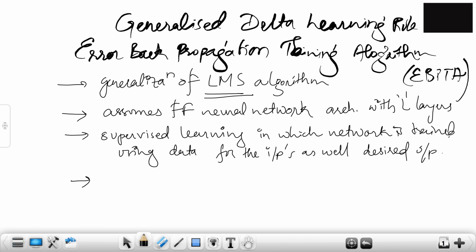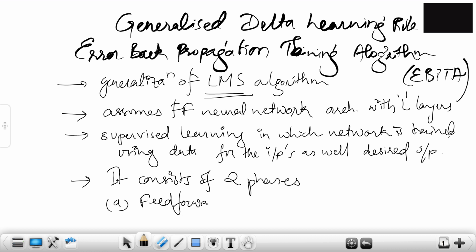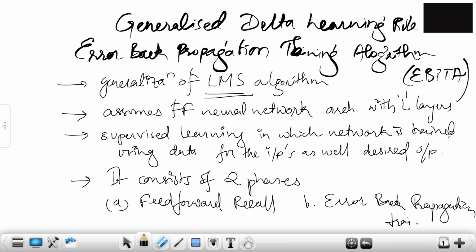Now it consists of two phases, or two parts. The first one is feed forward recall, and the second part is error backpropagation training.